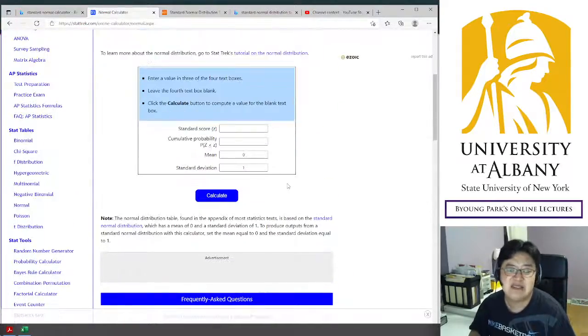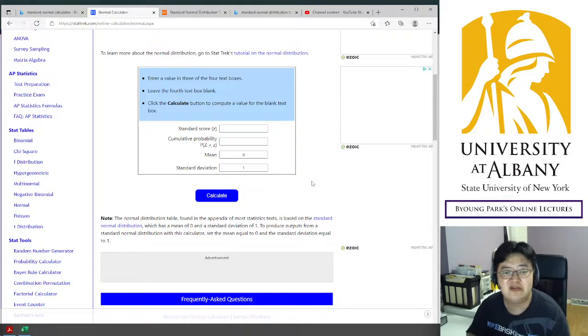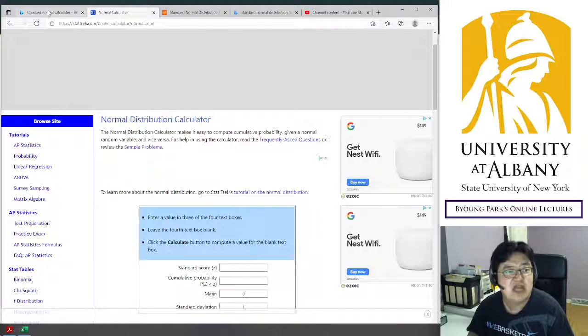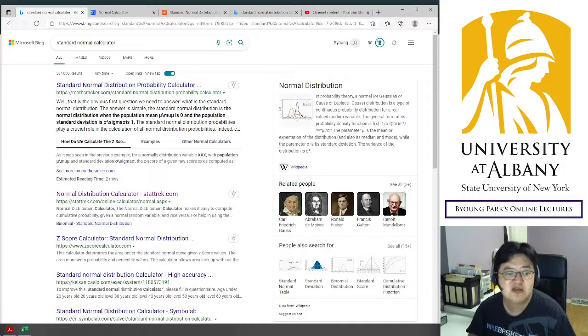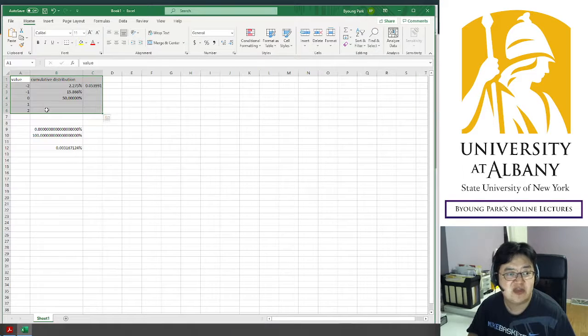It doesn't matter which resources you use, but you should be able to calculate the probability. This is what I recommend, and this is the most standard way to calculate the normal probability.